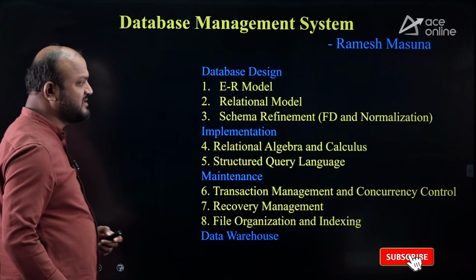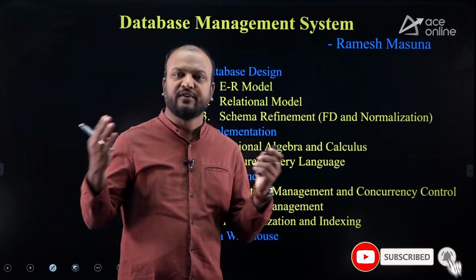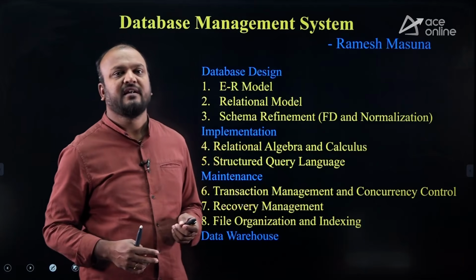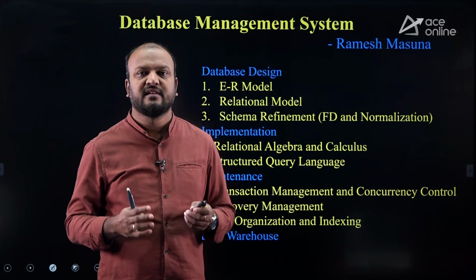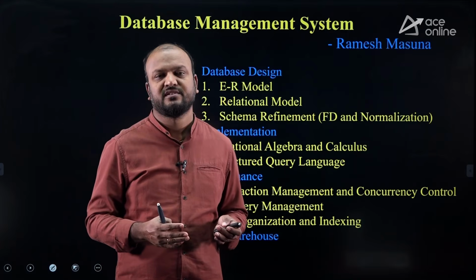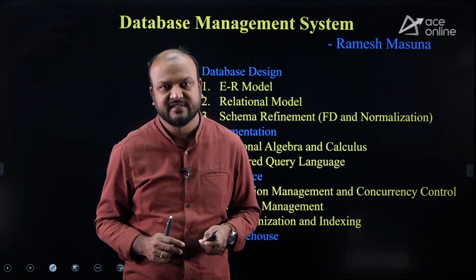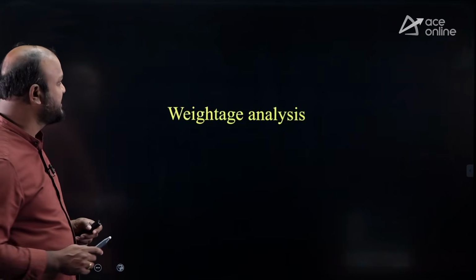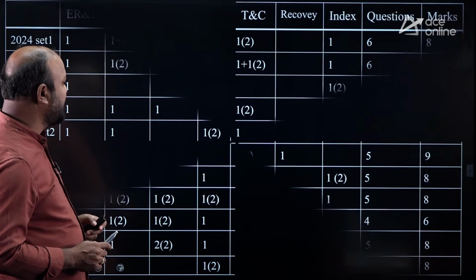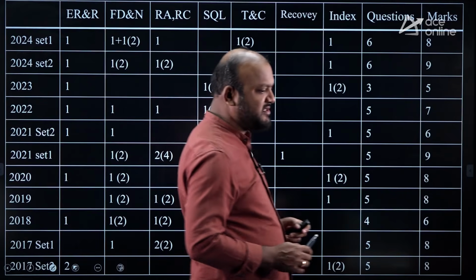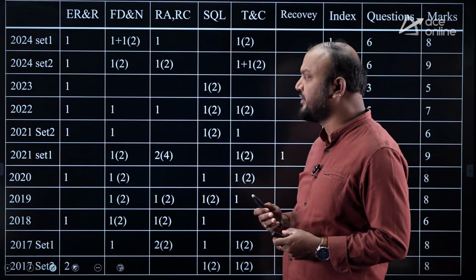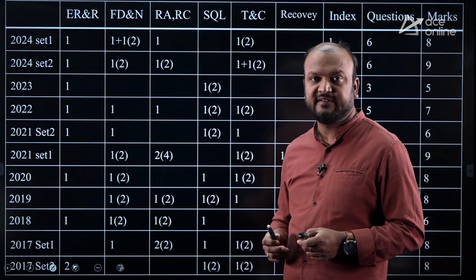So, we are going to review all the topics, and my discussion is according to the concepts through questions. Okay. When you see the weightage analysis of the subject, these are the weightages of individual chapters from 2024 to 2017.